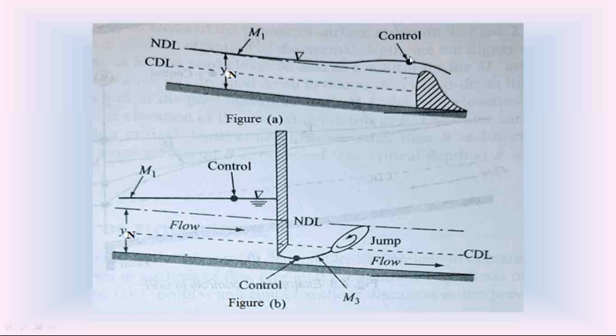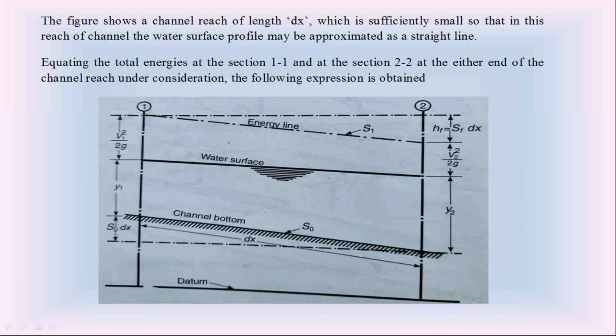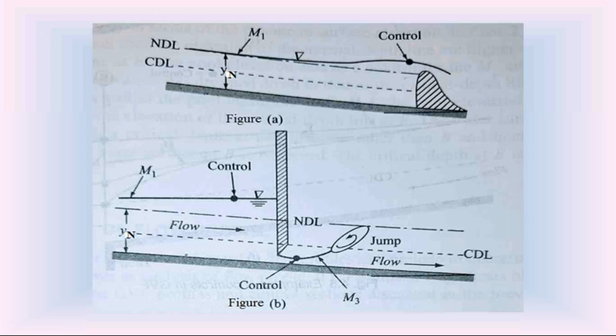So take section 1 at the control section and take section 2 nearer to this control section on the upstream side, a little bit away from it, not far away. At a small distance from the control section, take section 2.